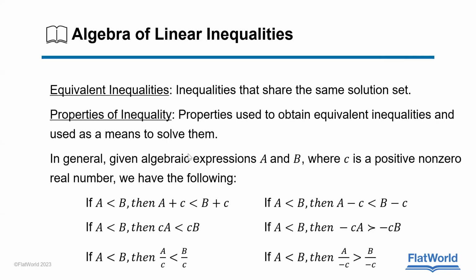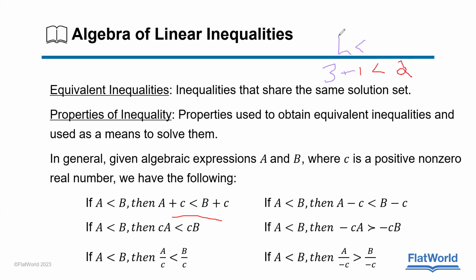The properties of inequality are similar to the properties of equality. If something is less than something and I add to one side, I have to add to the other side. I have 1 is less than 2. If I add 3 on this side, this becomes 4.